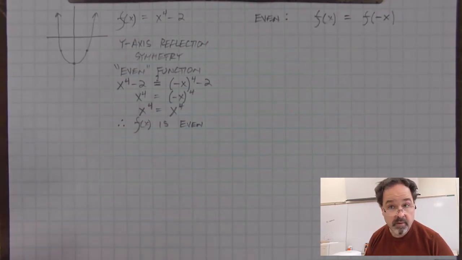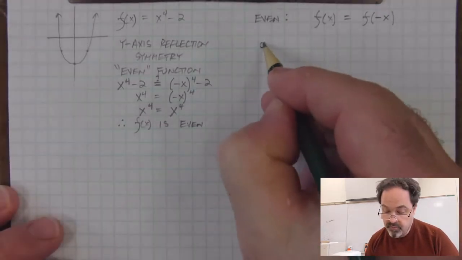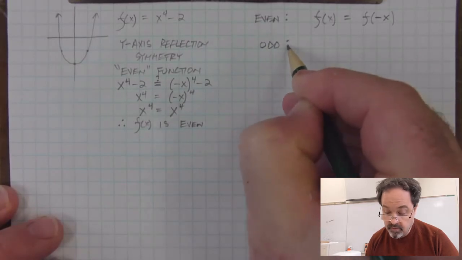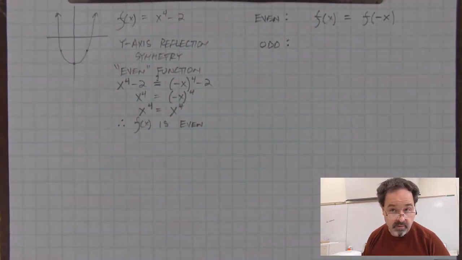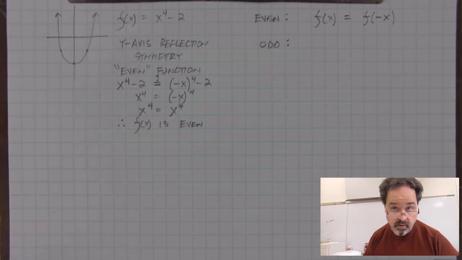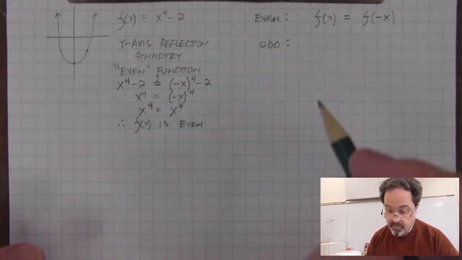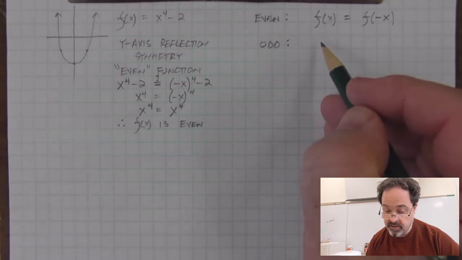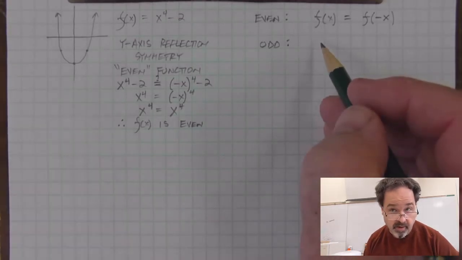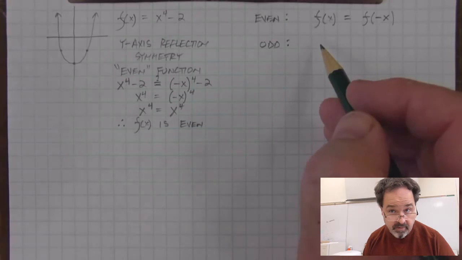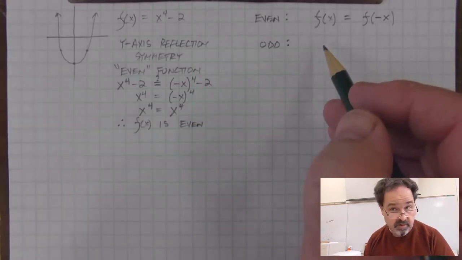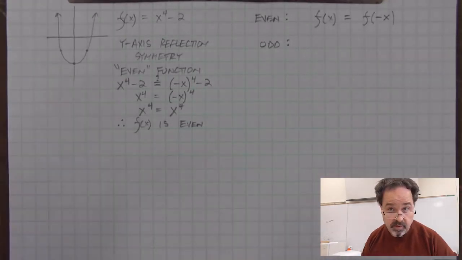So what about odd? A function that is odd has 180-degree rotation symmetry around the origin. And we can accomplish rotating something around the origin 180 degrees by reflecting it over both the x and y axis, or a horizontal and vertical transformation done at the same time is equal to 180-degree rotation around the origin.